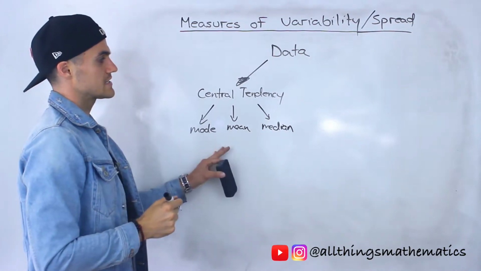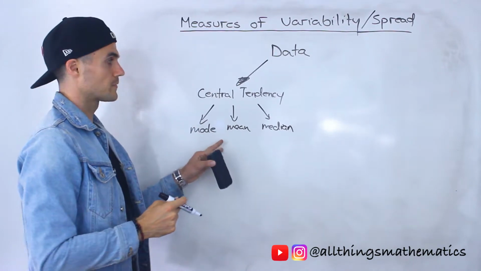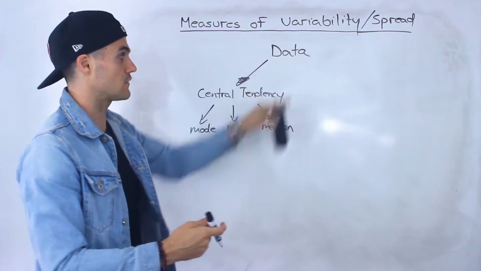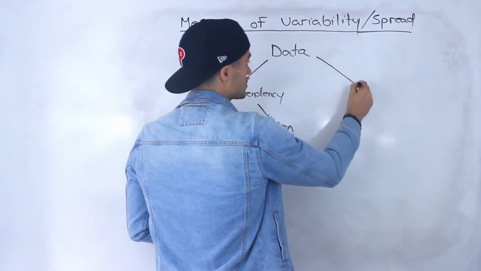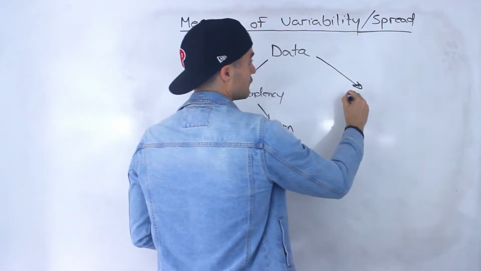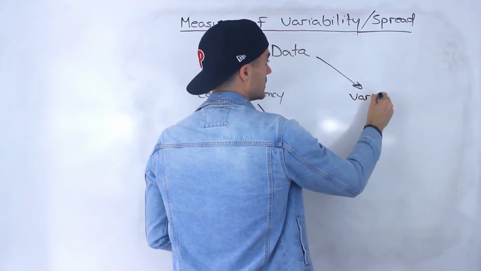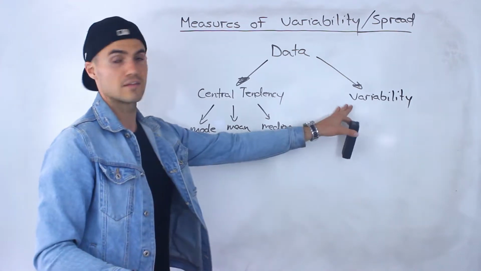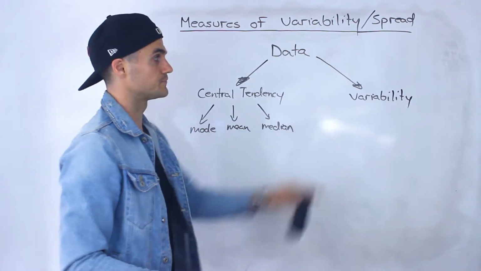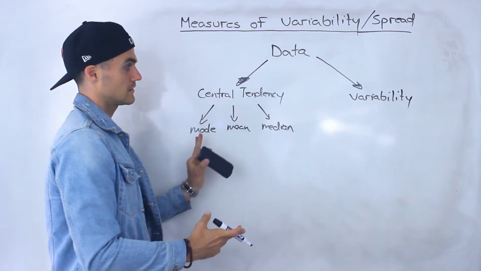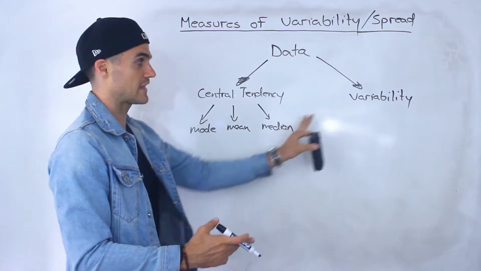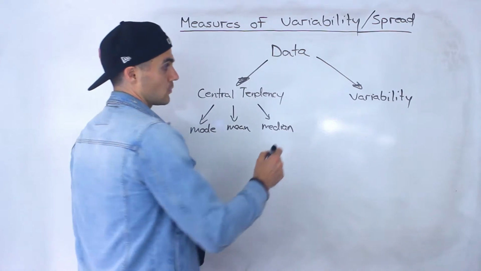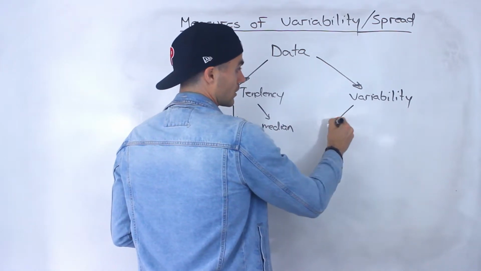But central tendency doesn't give you a full, accurate picture of how data is behaving. So we also have to look at the variability of the data. In this video I'm going to show you through an example why this is really important, how you can have data with the same central tendency but totally different variability. With variability, we're going to go over a bunch of tools.